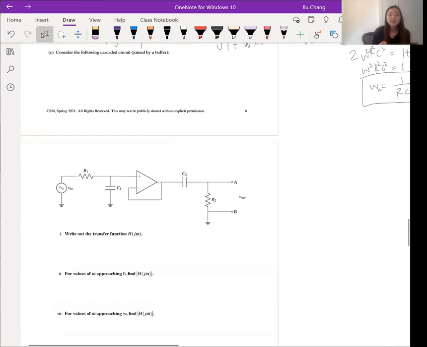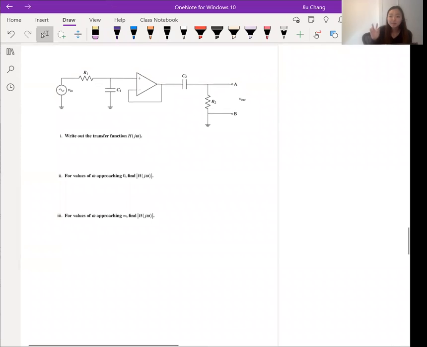Okay, for part C, we have a buffer joining the high pass filter and the low pass filter.